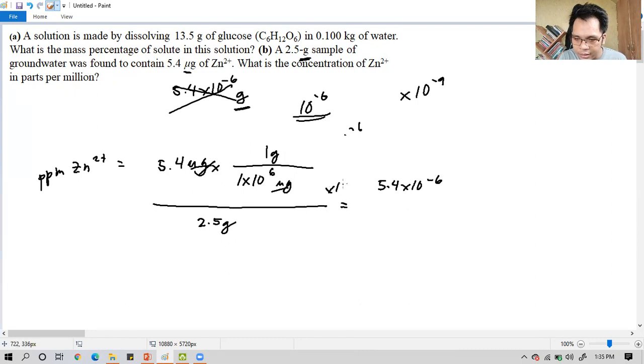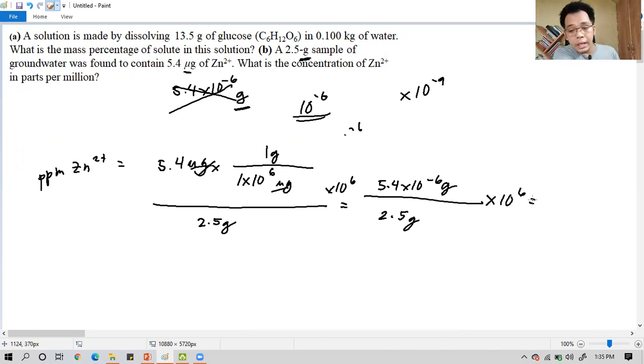I forgot the scientific notation 6 here. Grams here. Tapos 2.5 grams times 10 raised to 6 million. And as it turns out, 5.4 times 10 raised to negative 6 times 2.5, ayan, times 10 raised to 6.